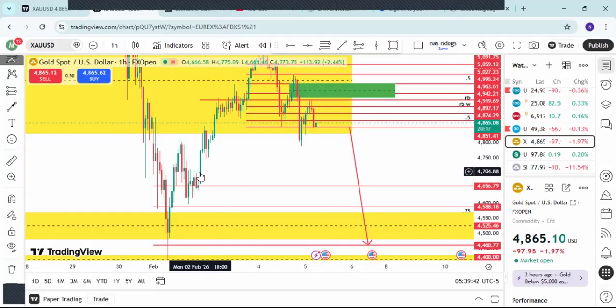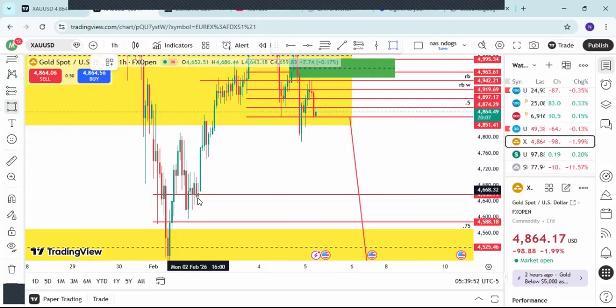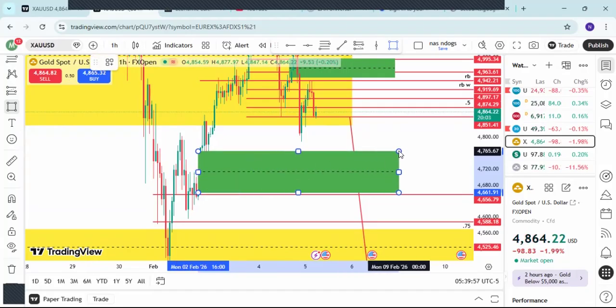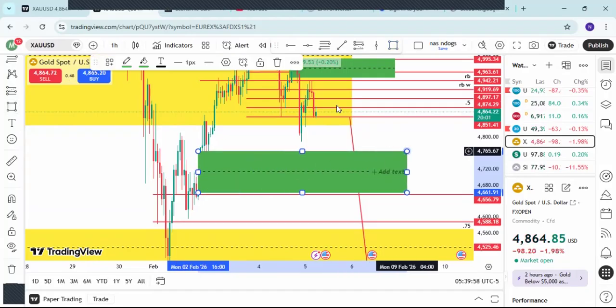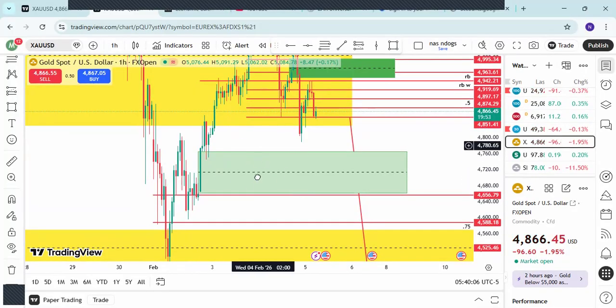This fair value gap only has a wick. Currently, it's also our draw. Volume imbalance down there. Let's put it there and then make it light. That's nice. So we have a draw in there.